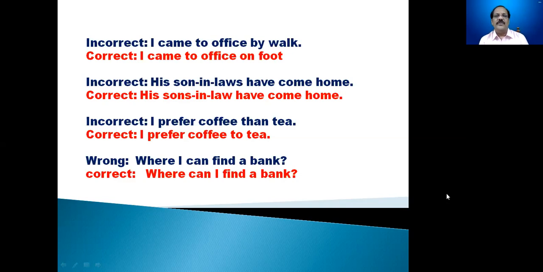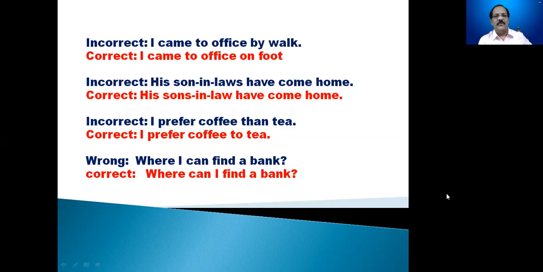When you are using superior and inferior as words, then you have to use prepositions like he is superior to me, he is inferior to me. But whenever you are using the word prefer, we should not use than. We should say to. I prefer coffee to tea.